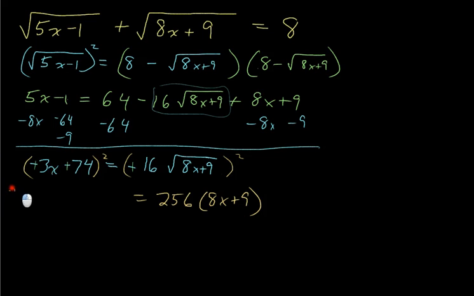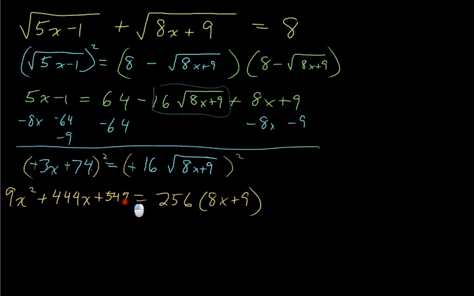We'll have 3x times 3x makes 9x squared. 3x times 74, and then 3x times 74 again. 3 times 74 is 222, so that'll be 444x. And 74 times 74, let me grab the little calculator on my phone right quick. 74 times 74 is 5476.